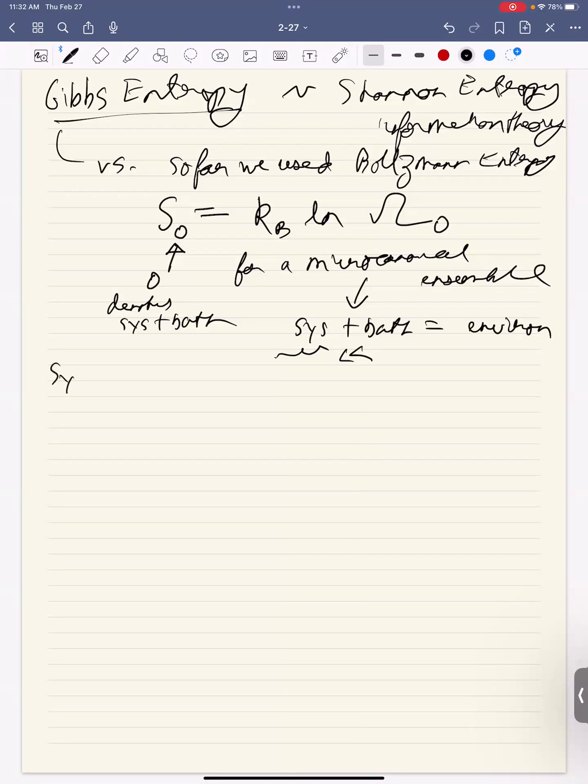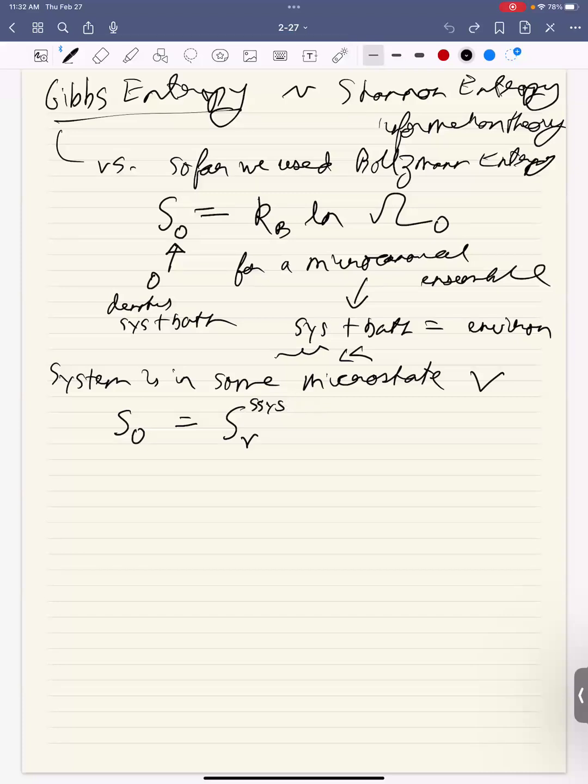So now let's say that the system is in some microstate nu. If the system is in some microstate nu, then S naught should be equal to S nu of system plus S nu of bath.